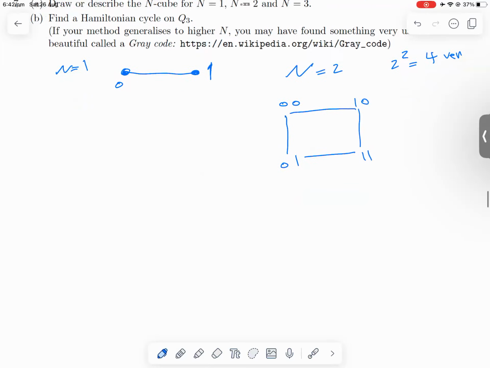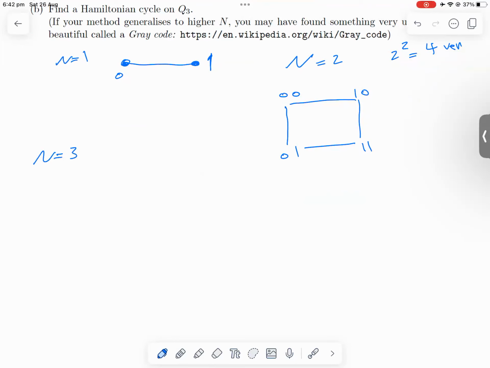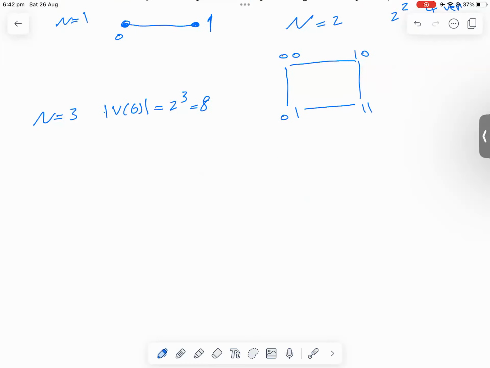Now let's have a look at the complicated one, n equal 3. The number of vertices should be 2 power 3, which is 8. So we will have 0, 0, 0, which connects to 0, 1, 0 and 1, 0, 0.